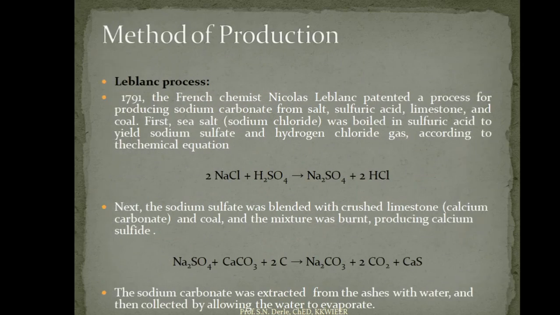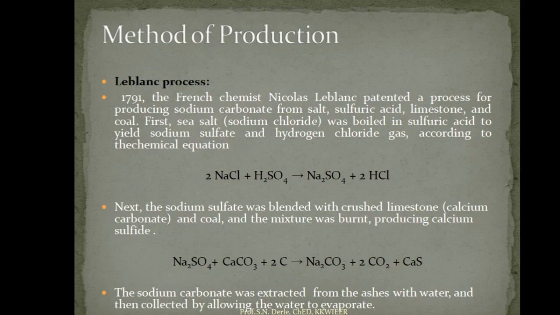This is the oldest method for the production of soda ash, that is the Leblanc process. In 1791, French chemist Nicolas Leblanc patented a process for producing sodium carbonate from salt, sulfuric acid, limestone, and coal. First, sea salt was boiled in sulfuric acid to yield sodium sulfate and hydrogen chloride gas.